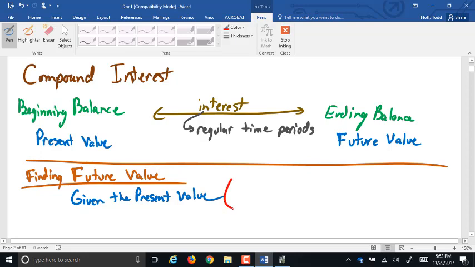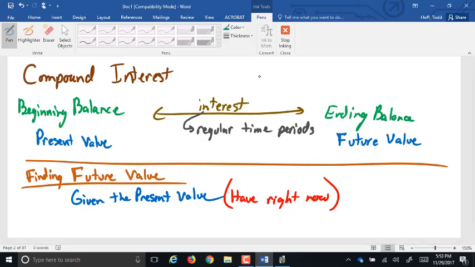You may not necessarily be told the word present value, but you know it's the present value because that's the amount of money you have right now. If the problem says, Pete wants to invest this much money, well, that's how much money Pete has now to put into the investment. How much will Pete have after 7 years? Well, 7 years is in the future. We're looking for the future value.